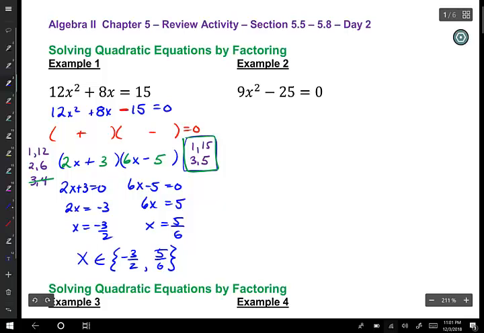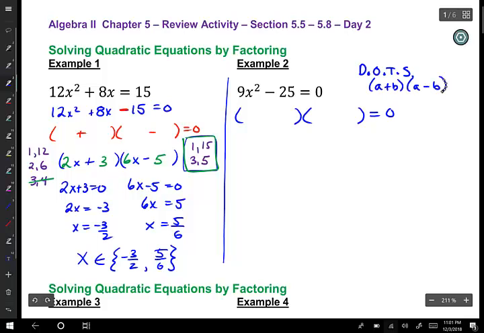Okay, let's take a look at our second problem. Example 2. I've got 9x squared minus 25. I need to recognize that this is the difference of two squares. The difference of two squares factors into conjugates. That's a plus b and a minus b, just as a reminder. So in this case, it's going to be 3x plus 5 and 3x minus 5.